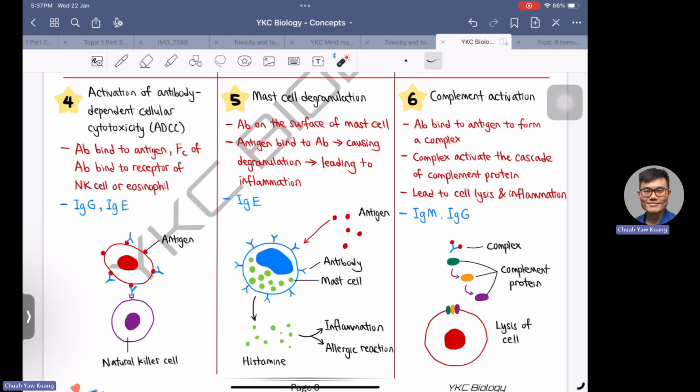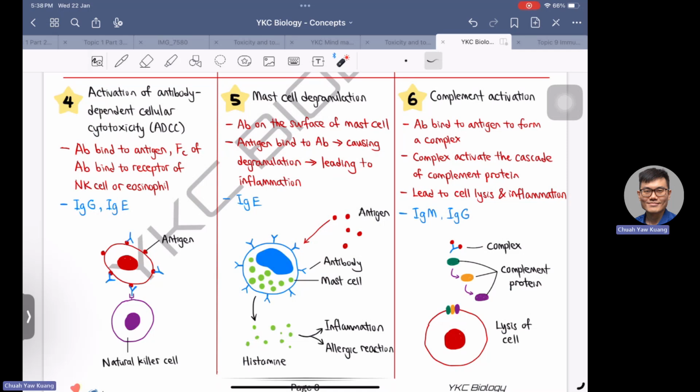The same thing can occur if, let's say, it is a parasite. The antibody can coat the parasite and then use the Fc region to bind to the Fc receptor on the eosinophil and thus activate the eosinophil to kill the parasite.